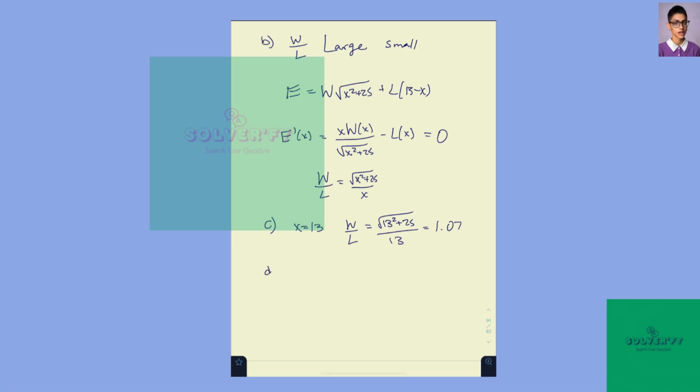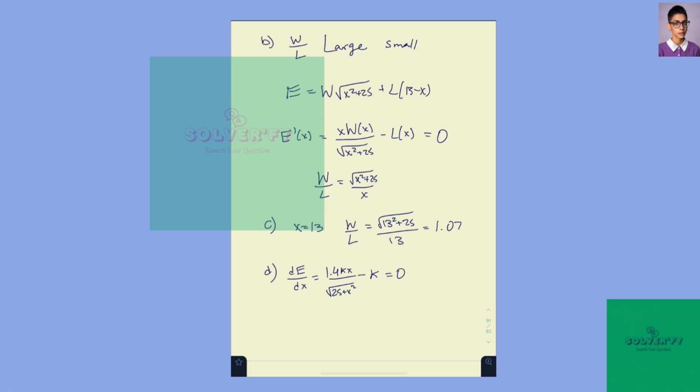And then our last problem, part D. If the birds choose a path that minimizes energy, that's going to be dE/dx, which equals 1.4kx over the square root of 25 plus x squared minus k.